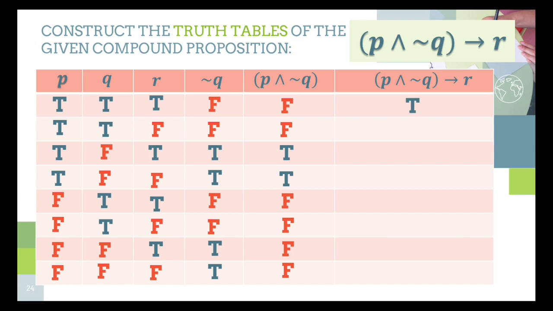False, false is true. True, true is true. True then false, then it's false. False, true is true. False, false is true. False, true is true. False, false is true. So if you have this kind of compound proposition, which is a mix of true and false, then we call this one a contingency.